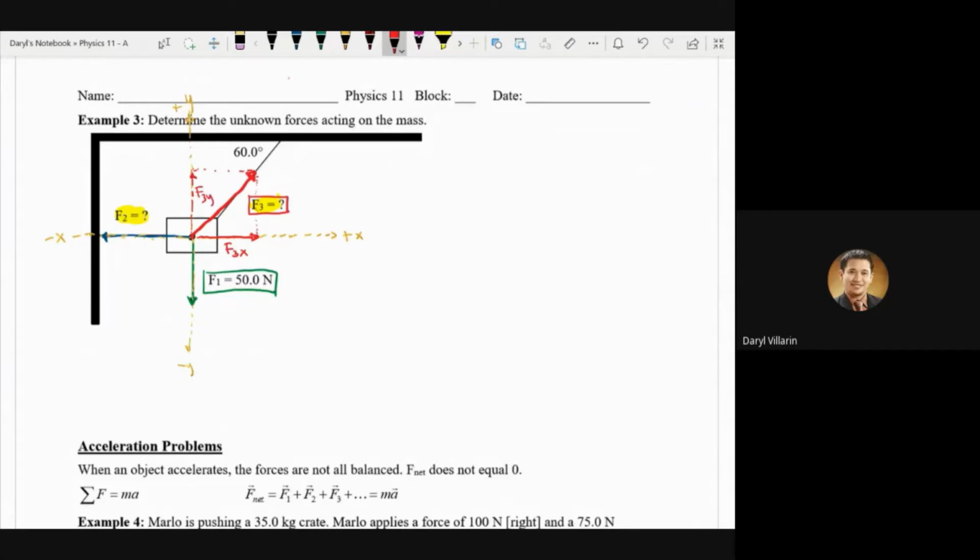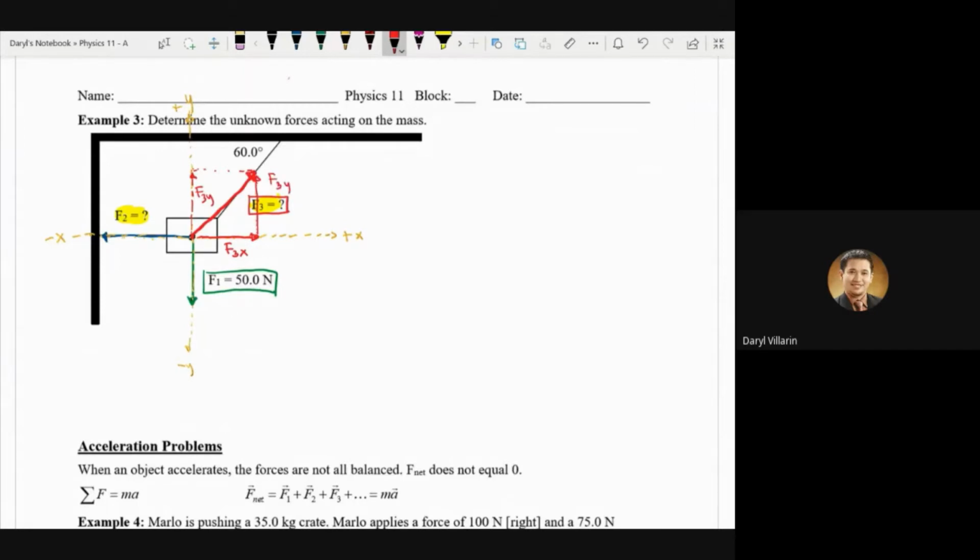If you're wondering how you would create the right angle triangle, this F3y here is just parallel to this one here. So if that is F3y, that also means this is my F3y.